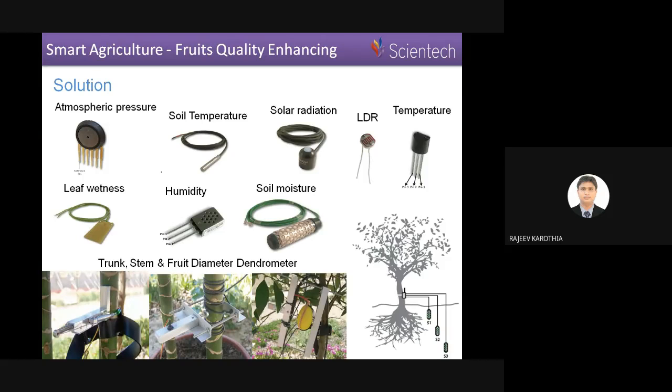Whenever we are making any application a smart IoT application, we first of all learn about the sensors, because the right sensor selection is important for the right application. In agriculture, we have sensors relevant to atmospheric pressure, which plays an important role in agriculture.